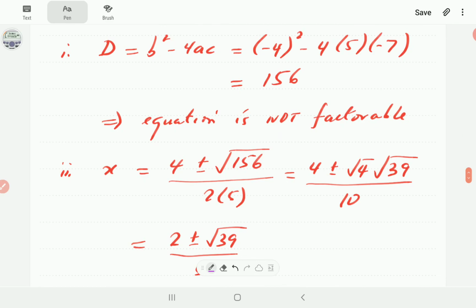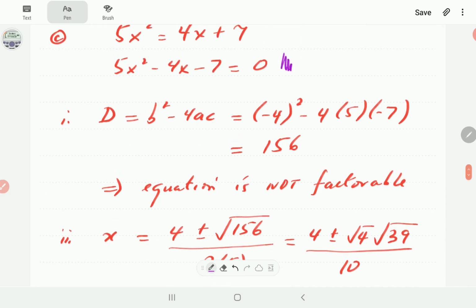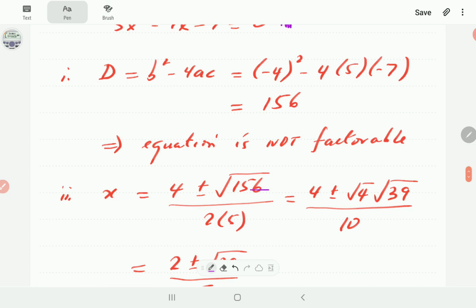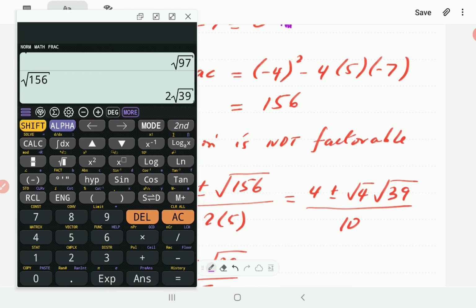Then for the quadratic formula, if we plug in negative b, it's going to be 4 because b is negative 4, and plus or minus square root of b squared minus 4ac, which we've already worked out here. And then we can simplify because 4, which is a square number, is a factor of 156.